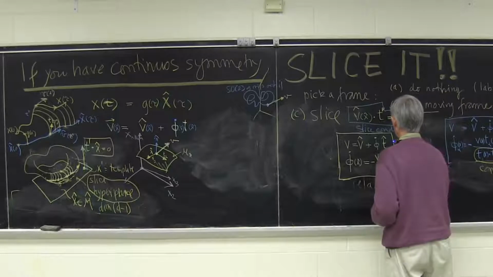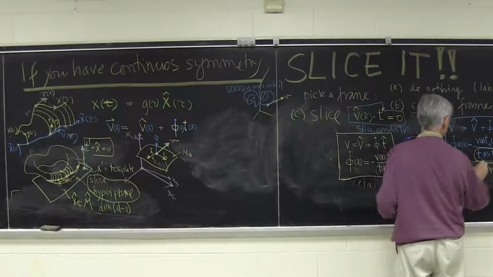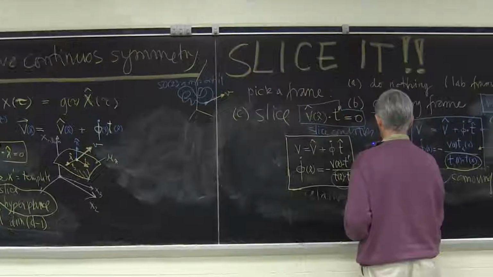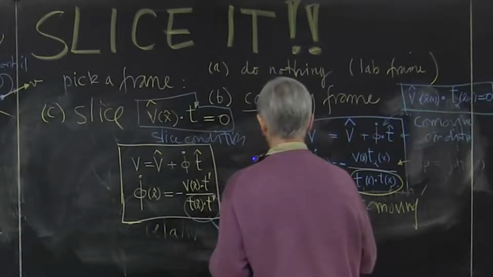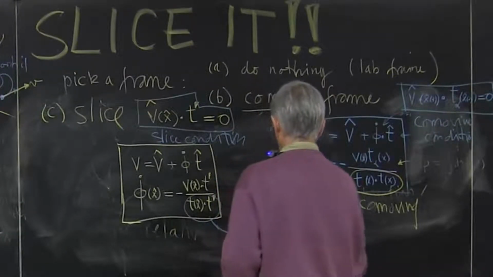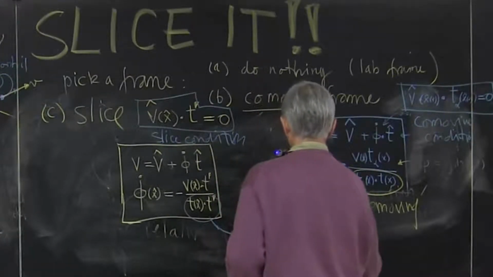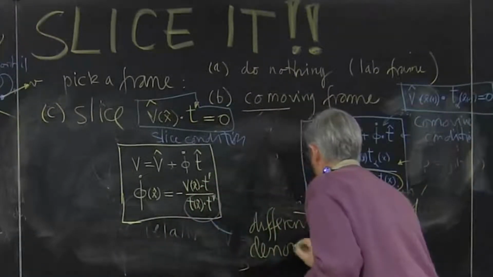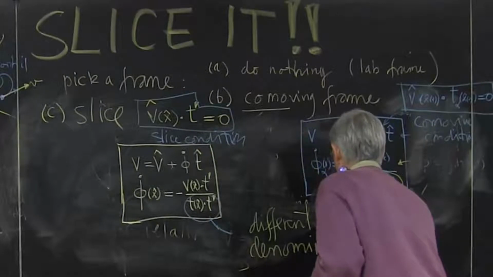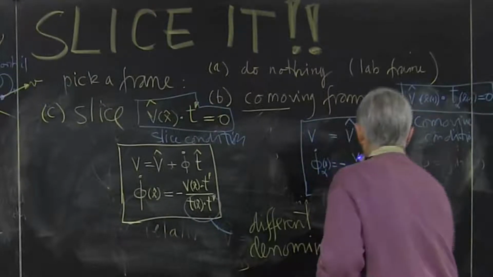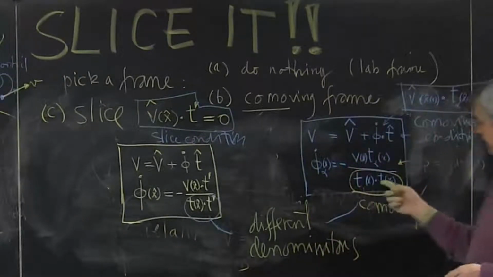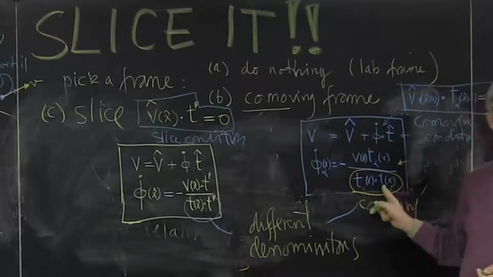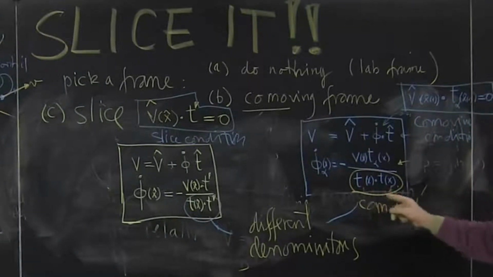But they have different denominators. What's the big deal? This denominator is just the square of a tangent vector.